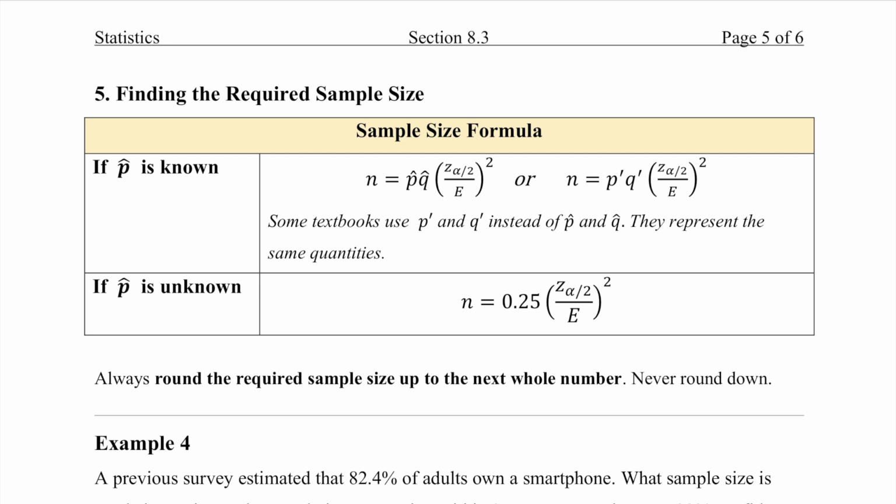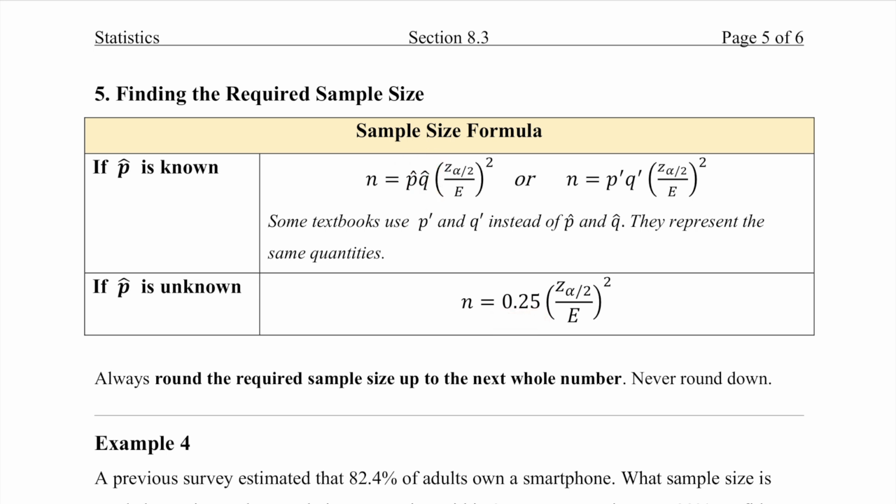If no previous estimate is available, we use this formula. N equals 0.25 times Z sub alpha over 2 over E squared. Notice that this formula is a little simpler because the value 0.25 replaces P hat times Q hat.